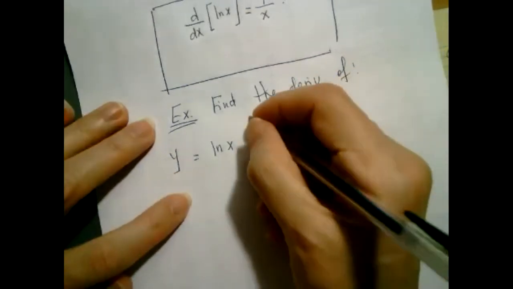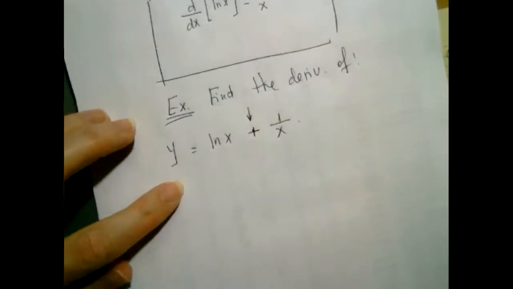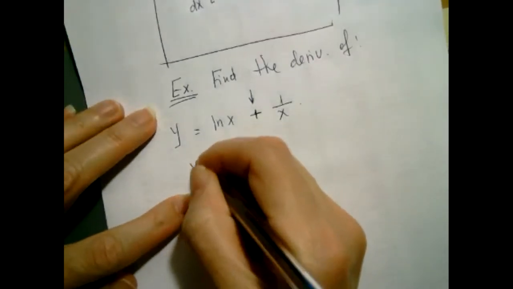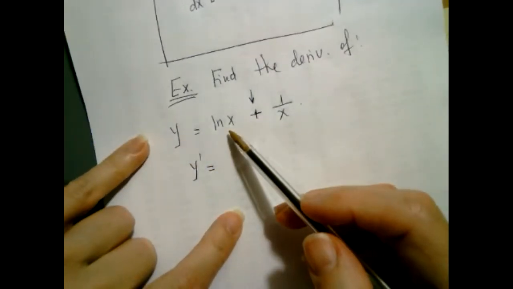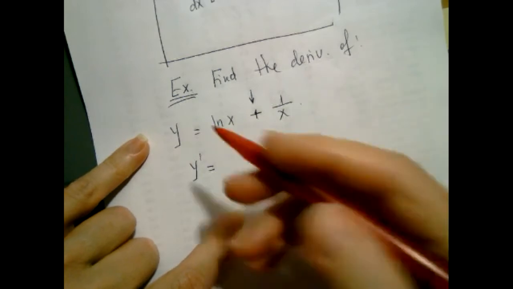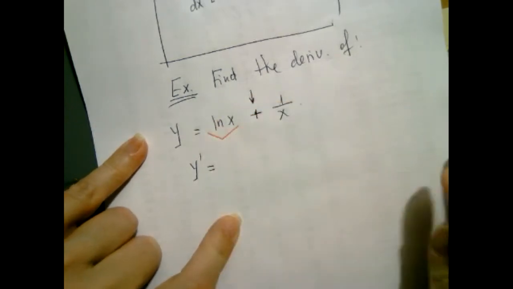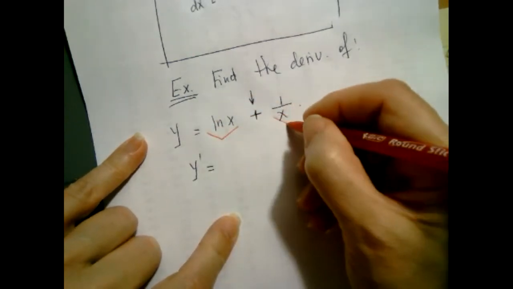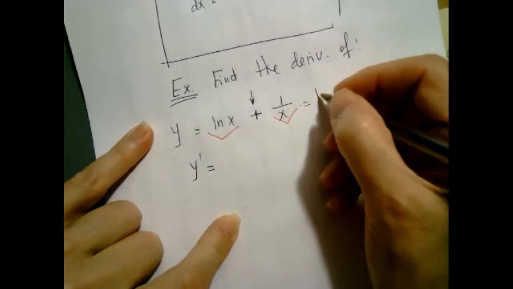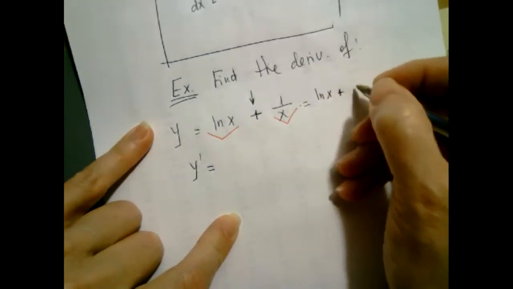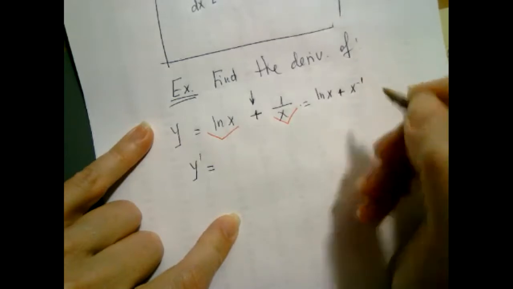Now, of course, we have a sum in here. So what is y prime? That's a sum, so I have to take care of each piece. This one, we just learned the formula for. This one, I have to rewrite so I can use the power rule. So I'll rewrite this as ln of x plus x to the minus 1.